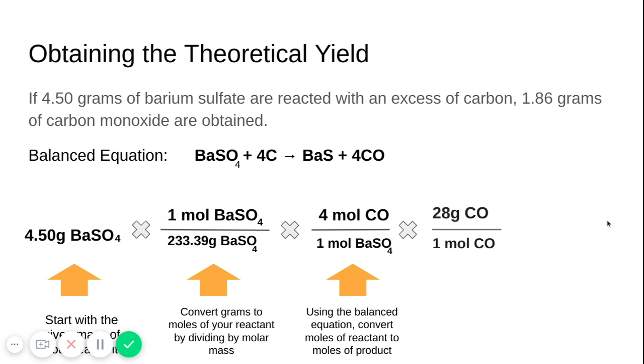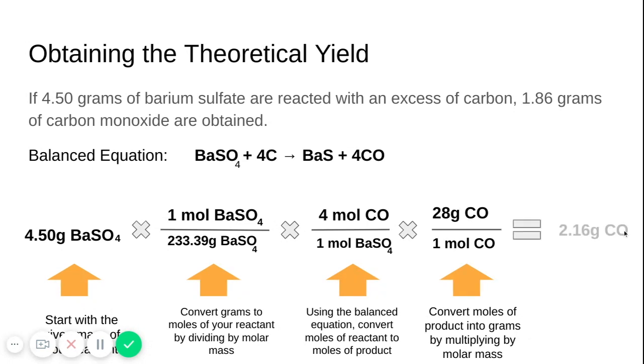Then multiply that by 28 grams of carbon monoxide over 1 mole of carbon monoxide to convert your moles of product into grams by multiplying them by the molar mass. This equals 2.16 grams of carbon monoxide, which is the theoretical yield of your product.